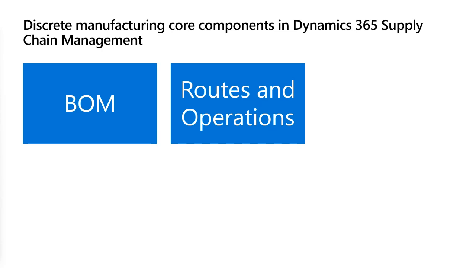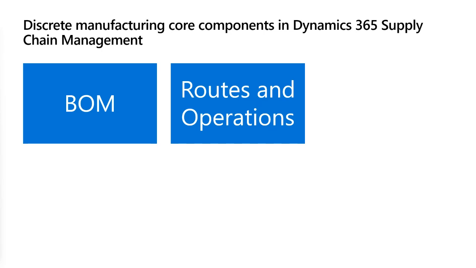Operations are the activities that are required in the production flow. The route is a combination of operations in a certain order to produce the product and link the resources, for instance, machine, human resources, vendors, or tools. The route, together with the BOM, is the foundation for calculating the estimated cost for a product.